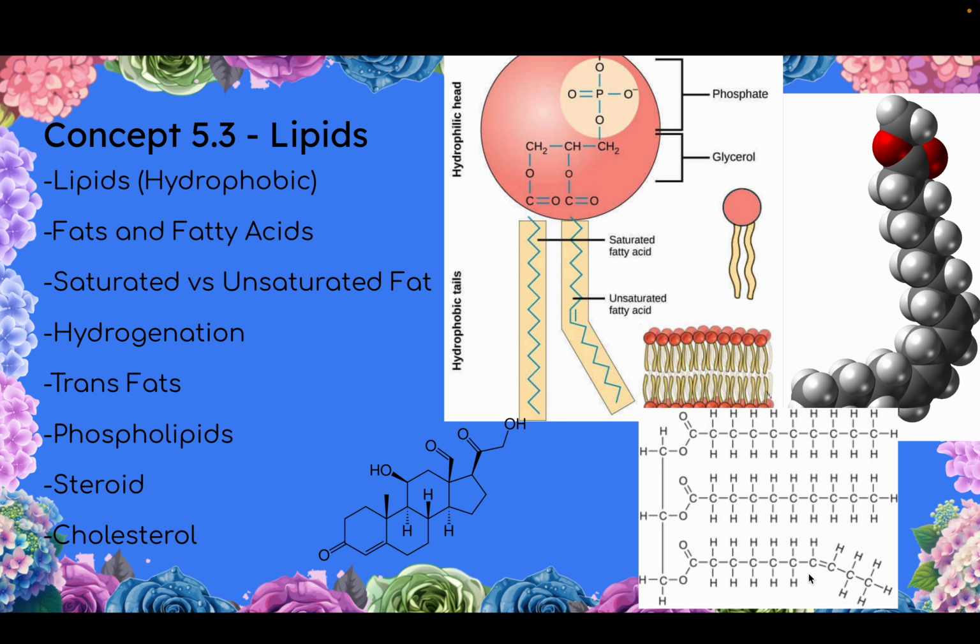Because of this double bond, less hydrogen is able to bond to the fatty acid tail, and as you can see here, there's less hydrogen. It also causes the structure to be bent, which is what we see here. Because there's less hydrogen there, it's unsaturated. But when there are regular bonds, with no double bond, more hydrogens can bond to the structure, and therefore it is saturated with hydrogens.